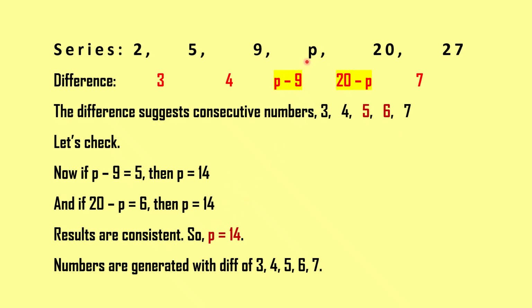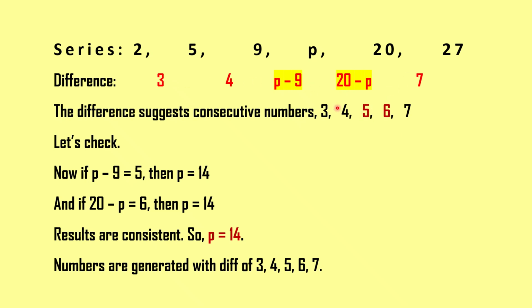Because if P is 14, then we get 9 and 14, the difference 5, and 14 and 20, the difference 6, so 3, 4, 5, 6, and then next 7. So the differences in order will be 3, 4, 5, 6, 7.